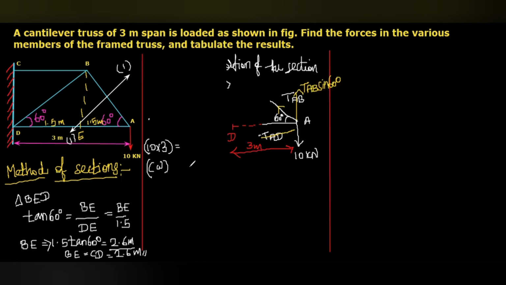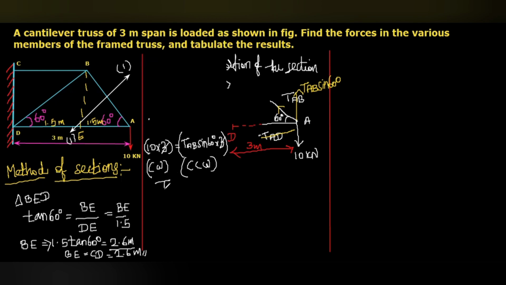So TAB sin 60 multiplied by 3. This is the counterclockwise moment. Here you can see this 3 and 3 will cancel. So TAB is 10 divided by sin 60 degree.